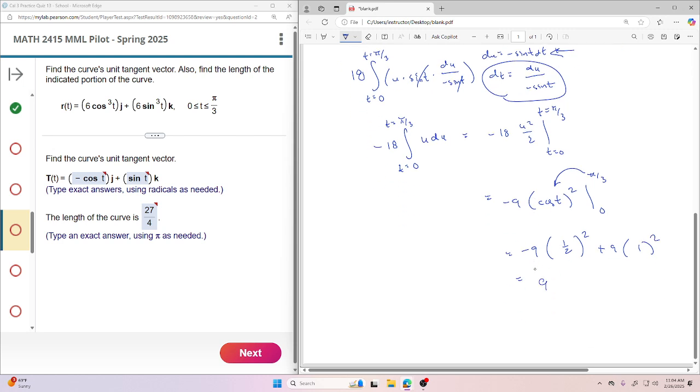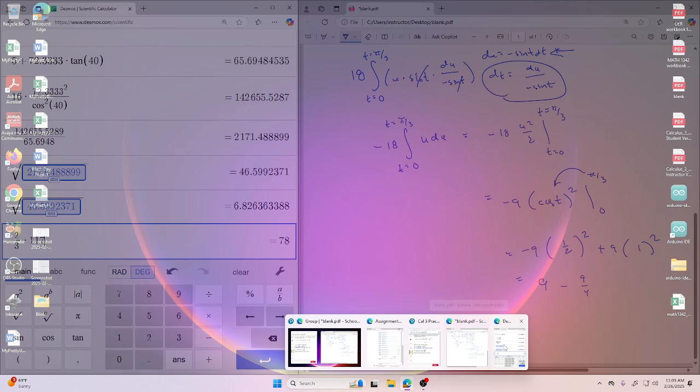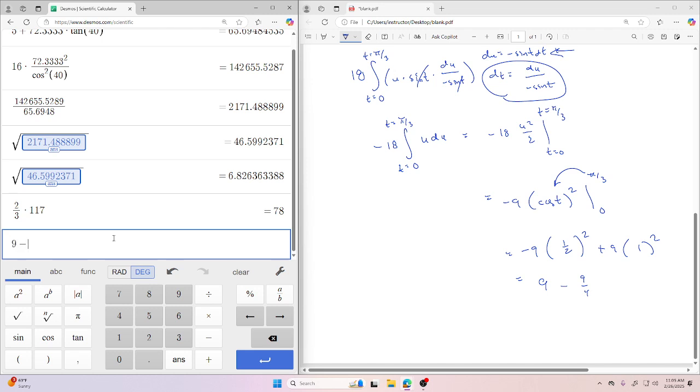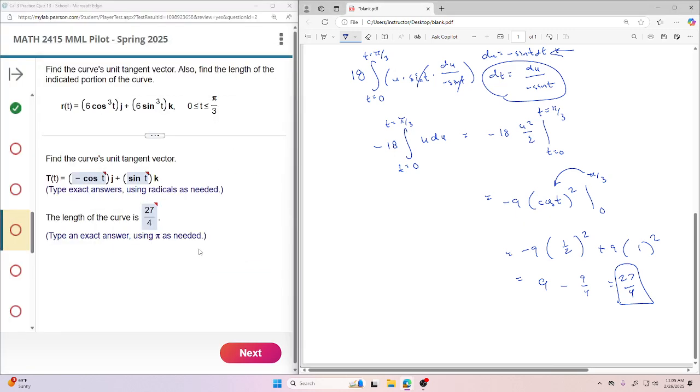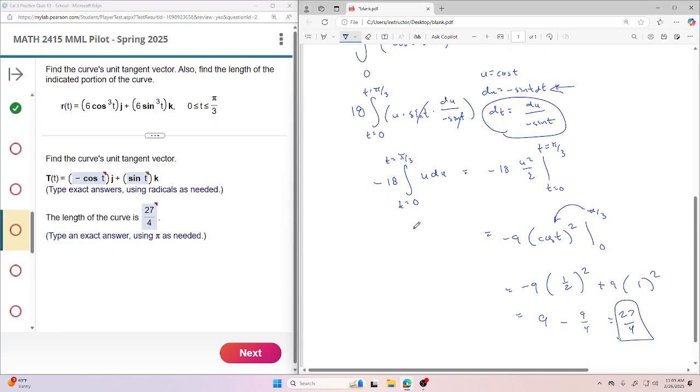So then I got basically 9 minus 9 over 4, right? So I don't want to do math, calculator. And cool, there it is. Sweet. Yeah, that one took a little bit of time.